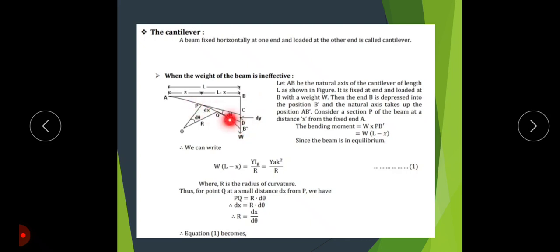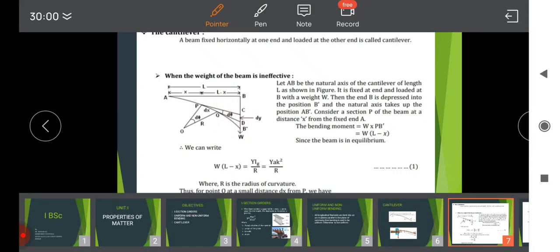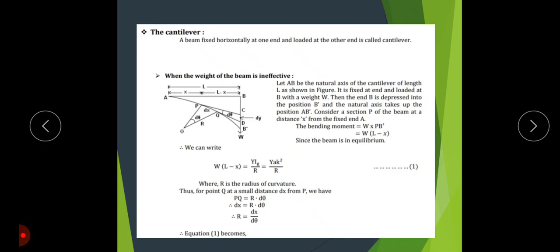We already know that PB dash is L minus x, because we have to consider only this portion, from P to B dash.